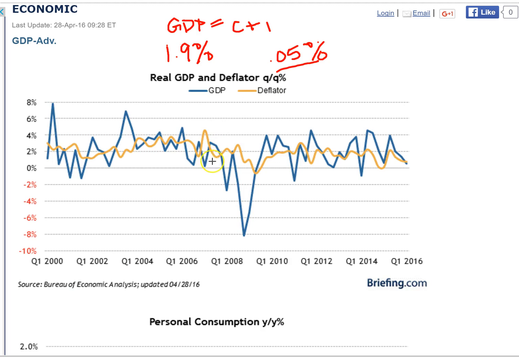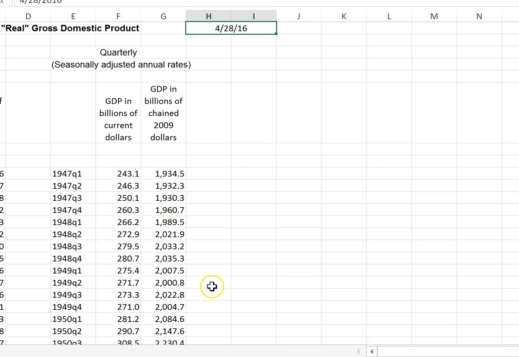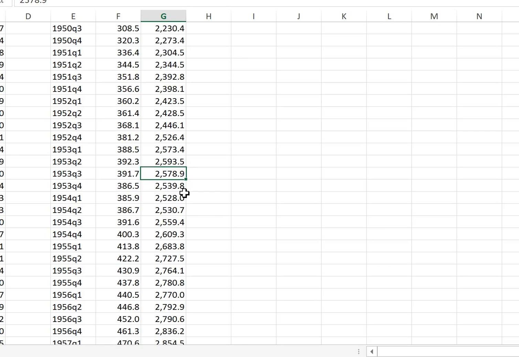And let me show you what I mean. I'm going to go over to Excel, and I downloaded the latest raw data. So here, you see quarterly data. Quarterly real GDP data. GDP in billions of chained $2009. This is real GDP right here. So what I'm going to do is go to the bottom of the data, control down.